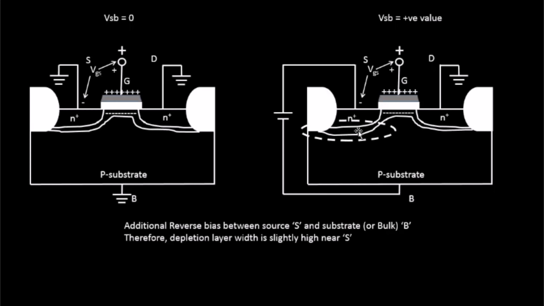So this area is depleted of its majority carriers even more than this area because of the positive potential applied at the source terminal.